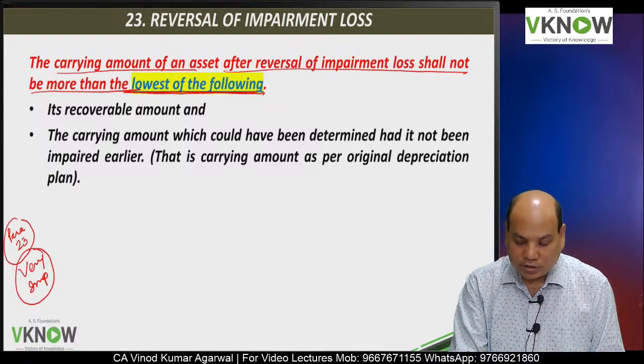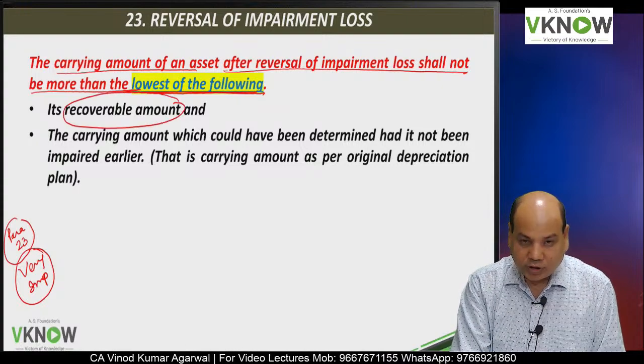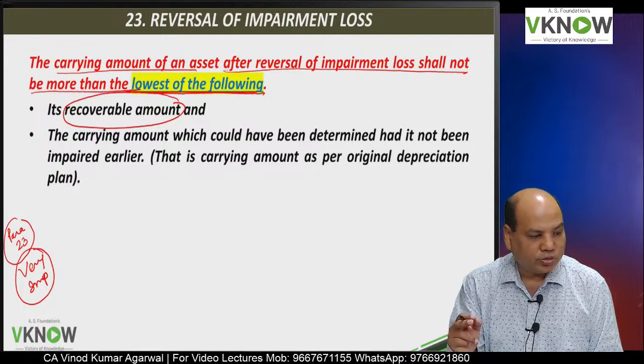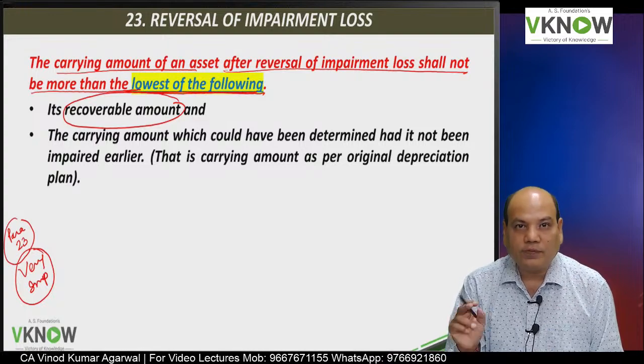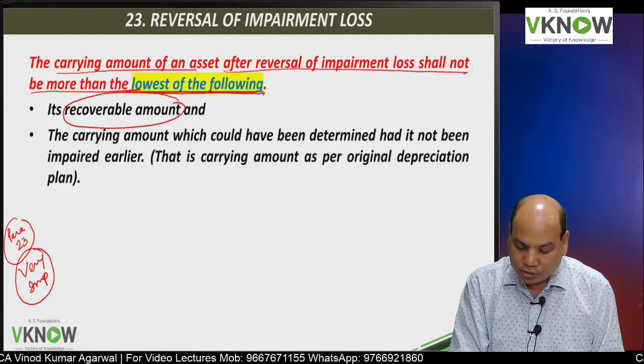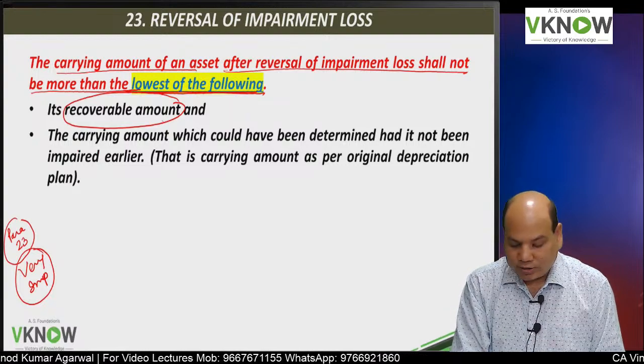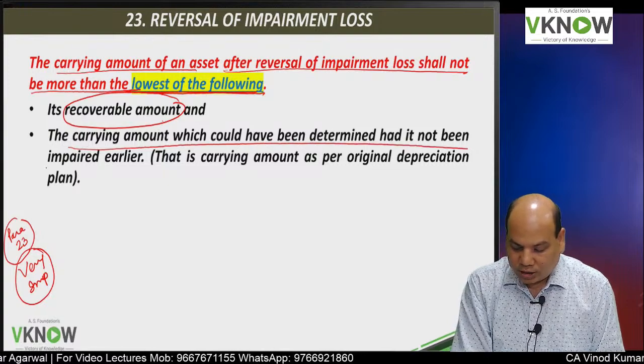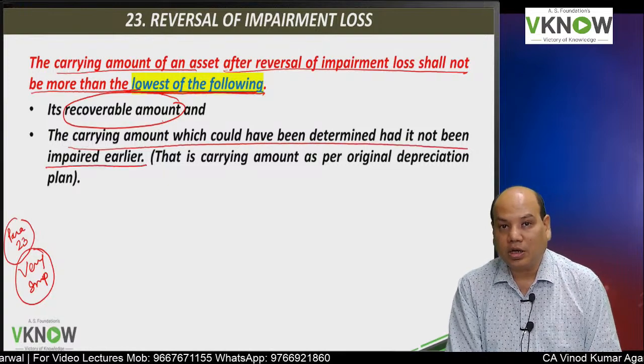That means you can reverse the carrying amount, but after reversal it should not exceed the lower of the following two: recoverable amount, and second, the carrying amount that would have been determined had it not been impaired earlier.